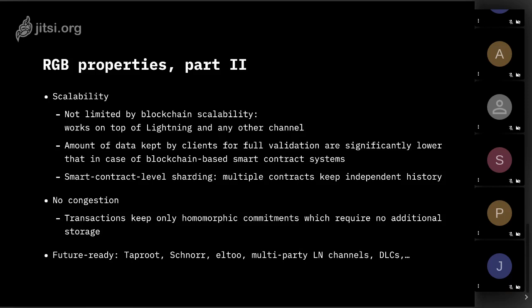And it can be detected that this information is added before you obtain the proofs, which are kept private by the state owners. And as I said, it is future ready. It will require no changes at all with the Taproot release, Schnorr release, L2, multi-party Lightning Network channels, discrete log contracts. It will work on top of them once the software is out there.